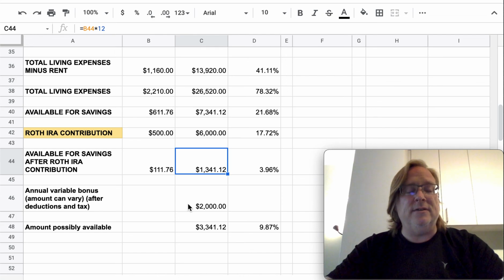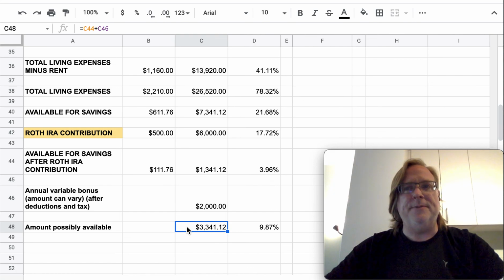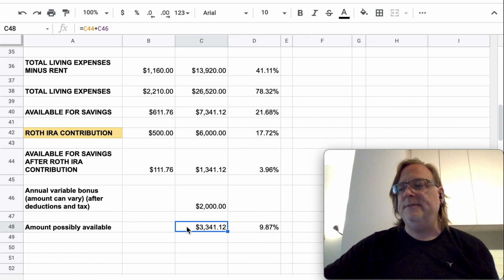So it's just additional money that can be used to fund other goals besides retirement or financial independence goals. And then taking a rough swipe at what the bonus value might be, you know how much money could be available to fund those other goals.